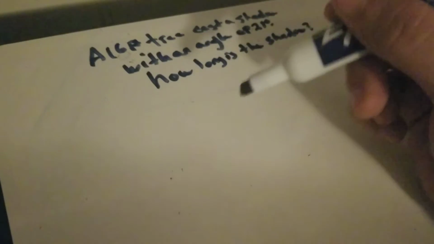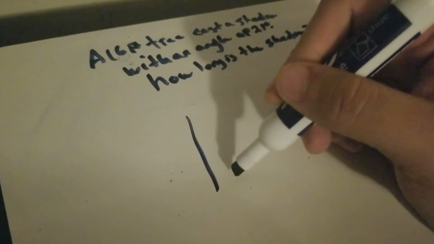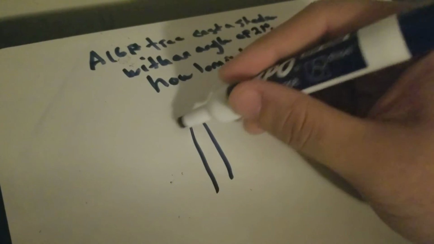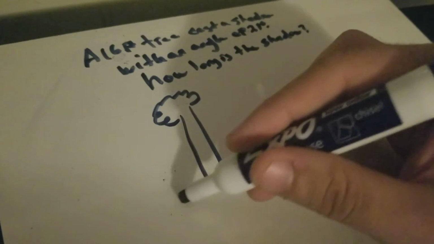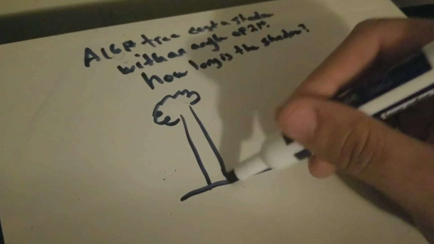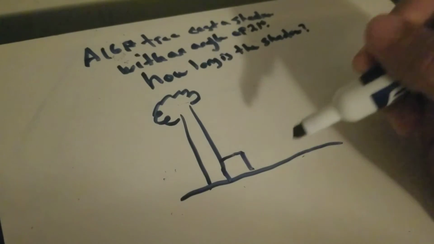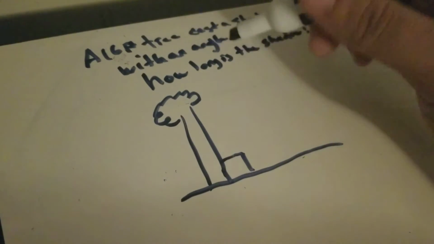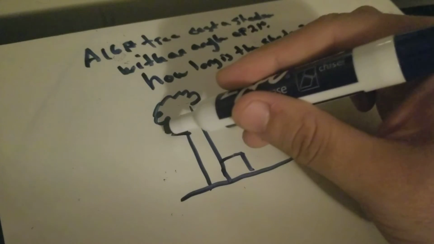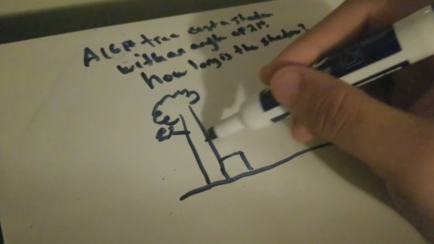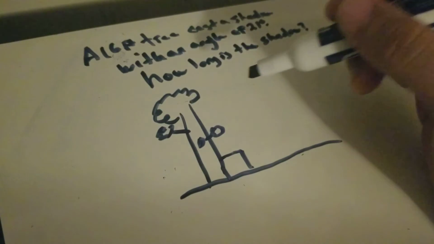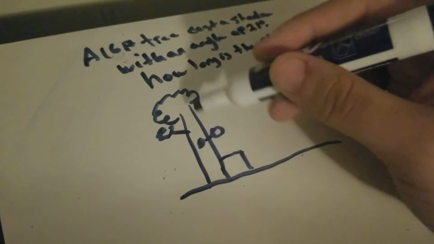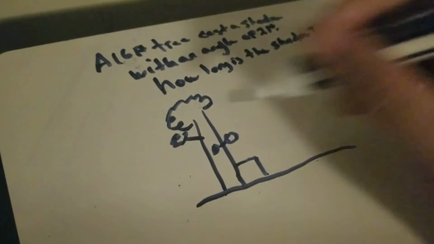So let me do my masterful art. We're going to assume the tree is standing up straight from the earth, so that's going to be a right angle. It kind of has to be a right angle so we can figure it out. This is my tree, and we said it was 16 feet tall.